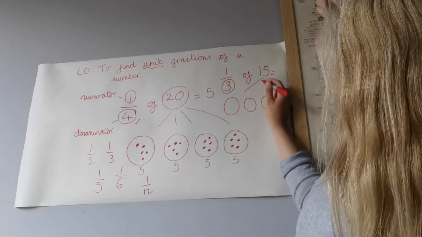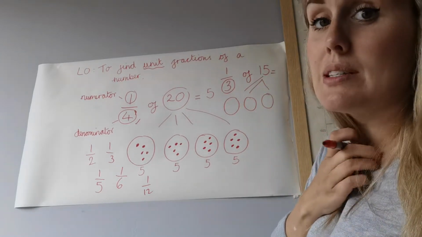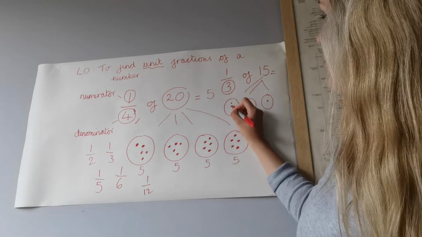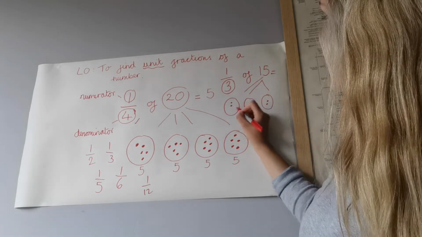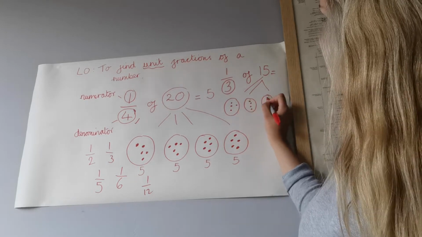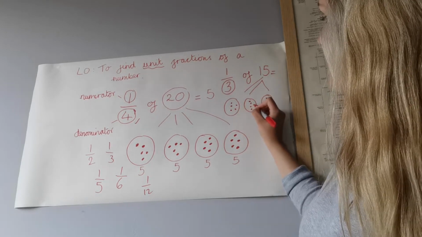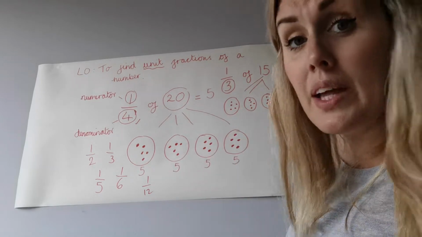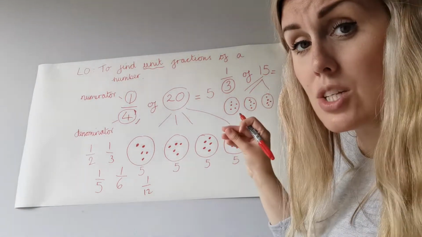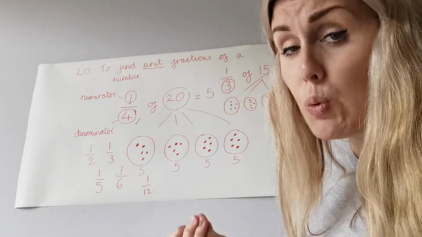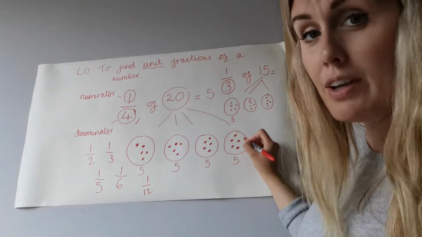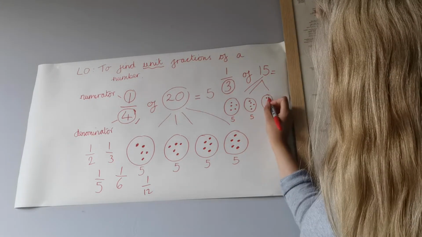I then need to share 15 amongst these 3 circles. 1, 2, 3, 4, 5, 6, 7, 8, 9, 10, 11, 12, 13, 14, 15. I'm then going to check that there are the same amount in each group, because they need to be equal parts when you are doing fractions. 1, 2, 3, 4, 5. Oh, we've got another 5 answer. 1, 2, 3, 4, 5.